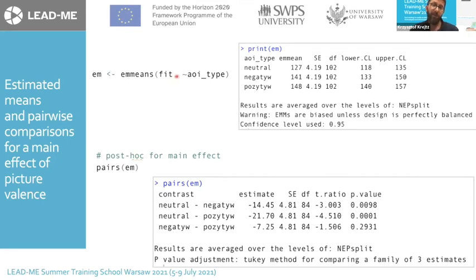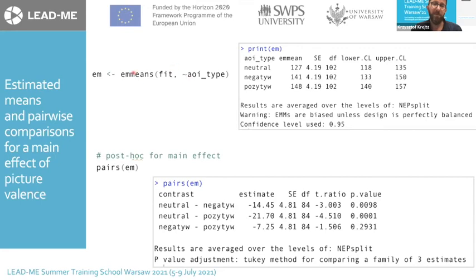After the comma, I give the tilde sign, which is easy to type on Macs and harder to type on Windows computers, but you can do it. Then I put the name, without any quotation marks, of the effect I want to look at. This is the AOI type variable, our factor. Again, I created the EM object because I'm going to use this table later on.